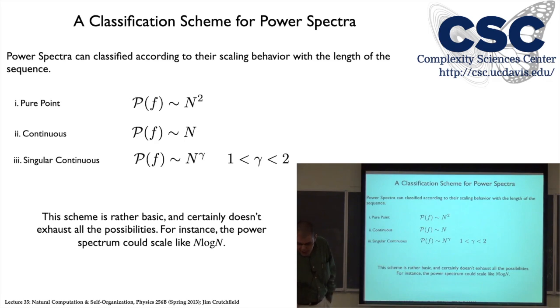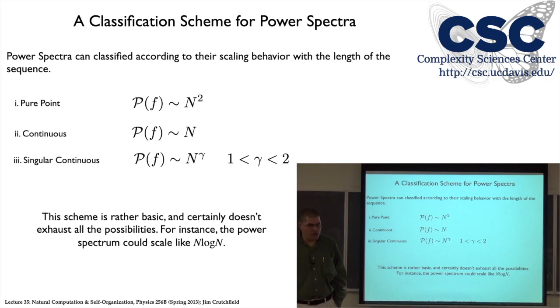Power spectra, I don't intend for this classification scheme to be exhaustive, but power spectra can be broken down into a couple of three classes. One is pure point.